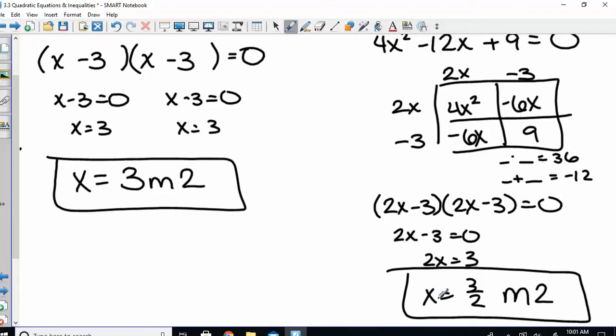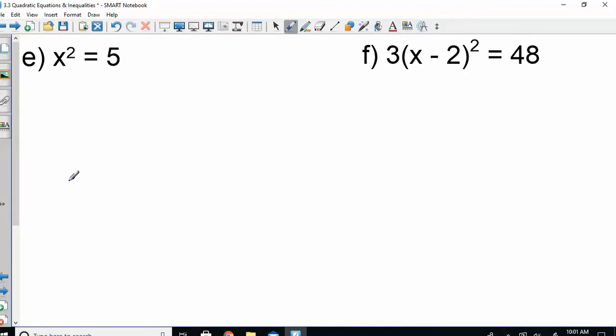Okay, one other strategy that I want to talk about today is what's called the square root method. So let's say I gave you this problem. X squared equals 5. We could subtract that 5 over and then try to factor. But our goal is to solve for x, right?